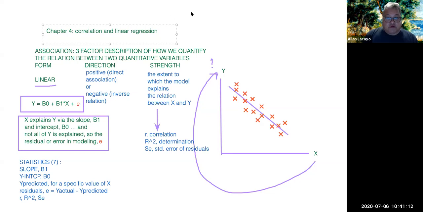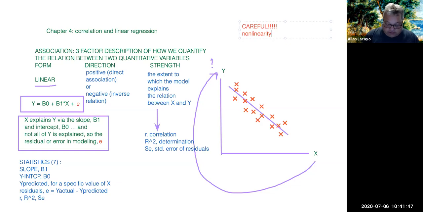What do we watch out for in this process? What we watch out for in this process is associations that are nonlinear, or nonlinearities. Because if the dots of a scatter plot, if the values visually look nonlinear, then building a linear model is a bit useless, in the sense that it's sort of like trying to fit a square peg in a round hole.